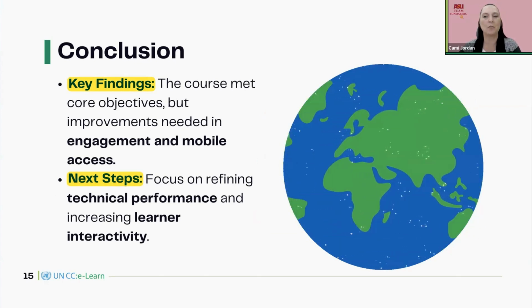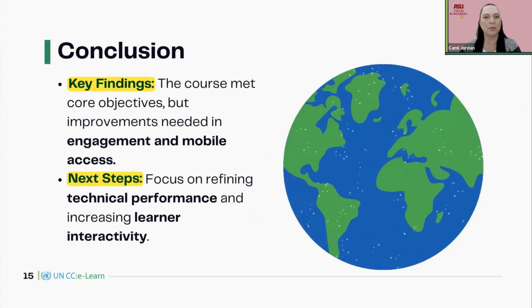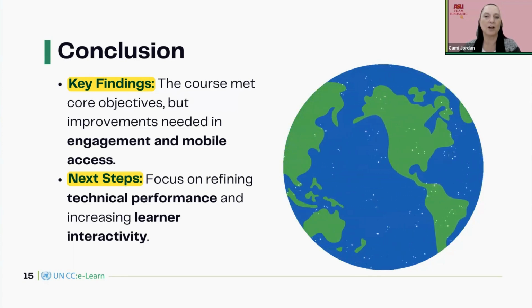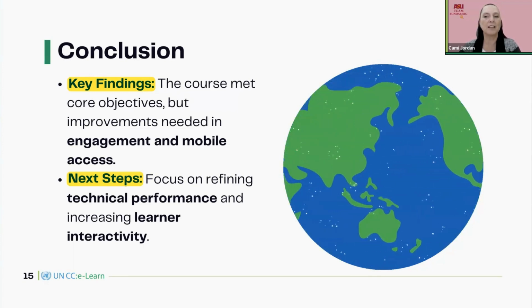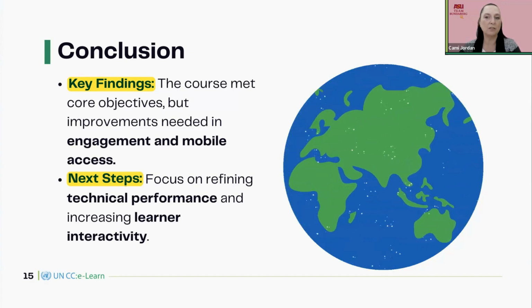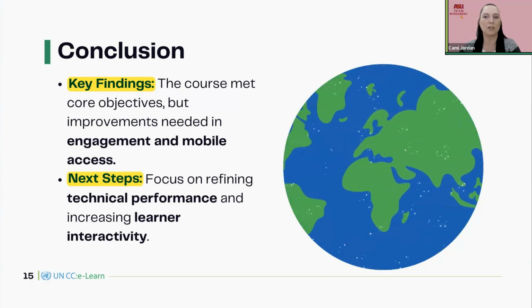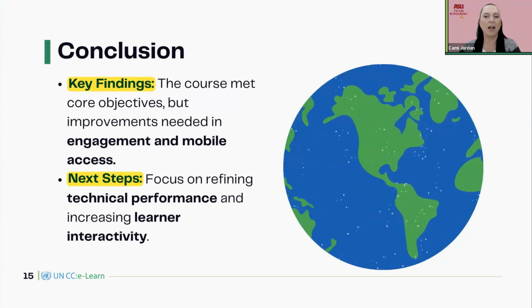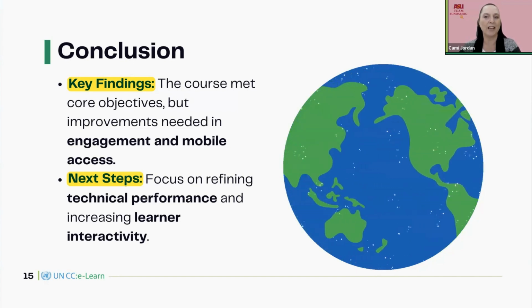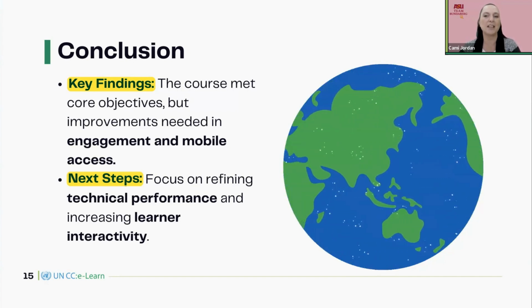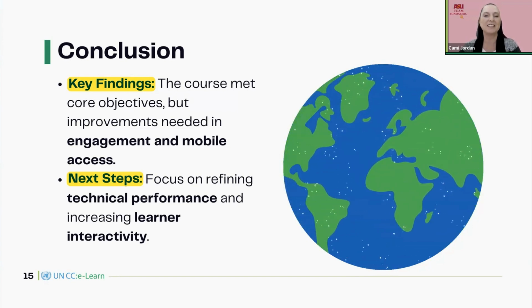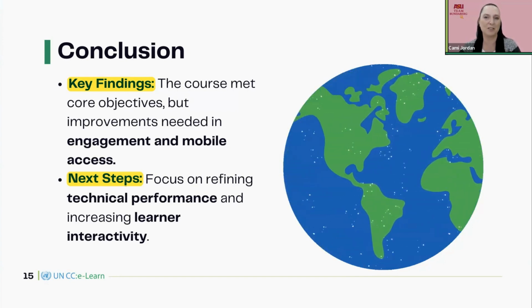At the same time, we identified key areas for improvement: increasing learner engagement with interactive content, improving mobile access, and simplifying legal terminology to support broader audiences. Implementing these recommendations will help UNCC Learn enhance the course's impact and continue advancing global climate literacy and sustainable plastic waste management.